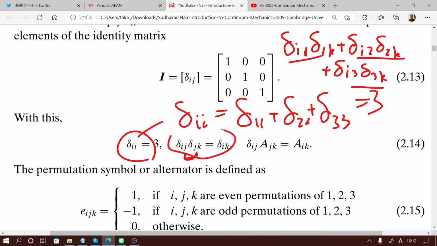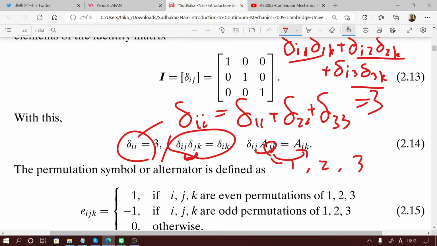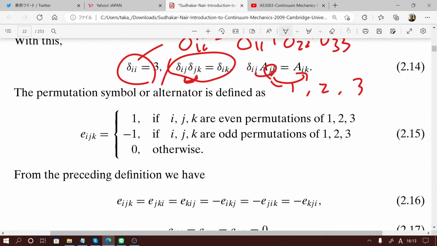Similarly for delta ij ajk, j goes like 1, 2, 3, and the second j is replaced by i.